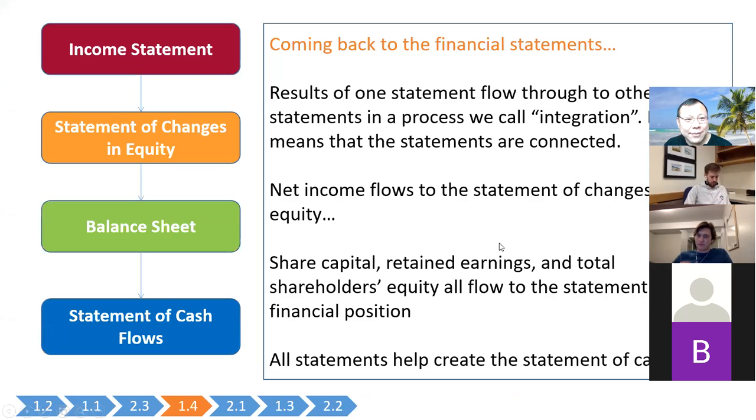So let's keep going. If you remember, this is the order in which I introduced the four statements. I first talked about the income statement, then the statement of changes in equity, then the statement of financial position or balance sheet. And today I talked about the last one, the statement of cash flows.